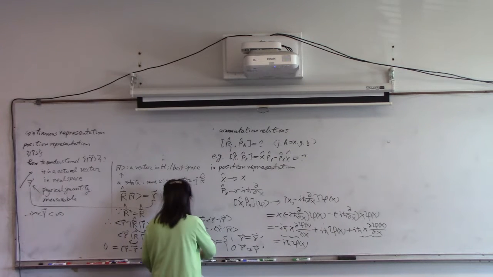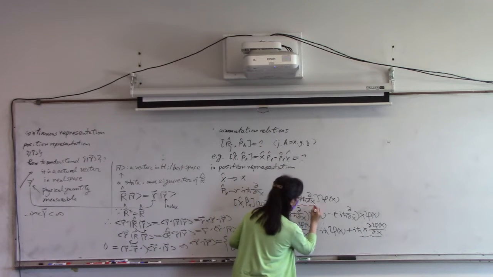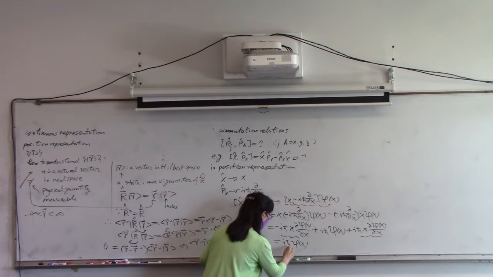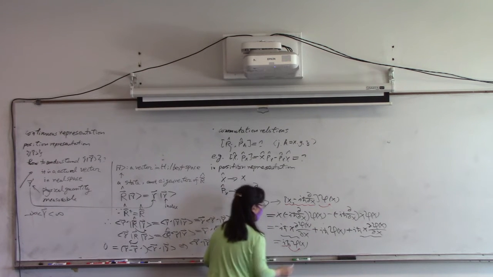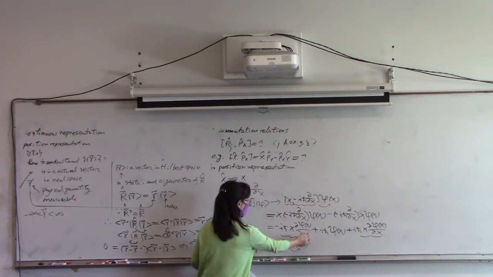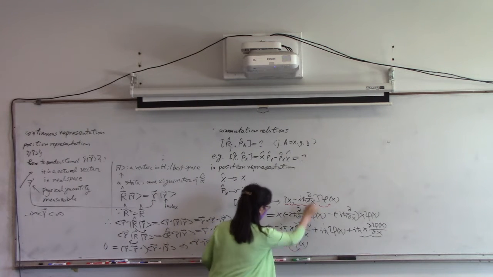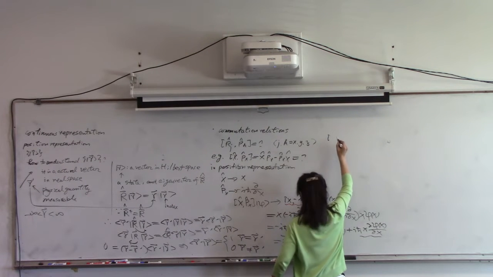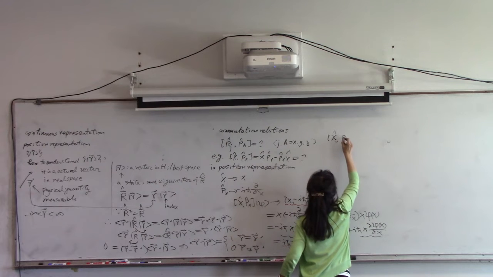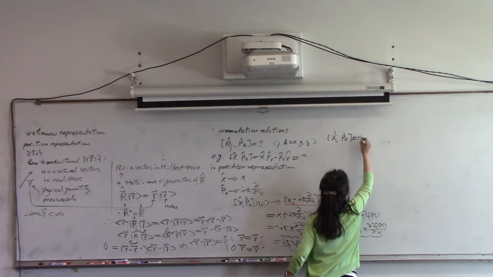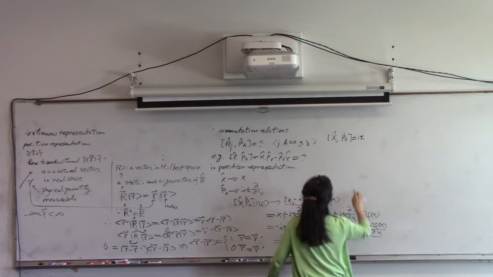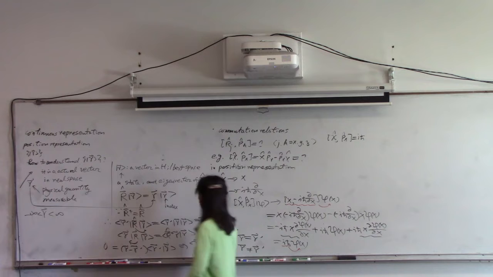Now let's compare the left-hand side and right-hand side. The left-hand side is this term applied to this function, and the right-hand side is this number multiplied by this function. So you can take off this function psi(x); it is just an assistant which helps us. You can immediately get that the commutator of x and Px is i h bar. They do not commute with each other; they give us this relation.